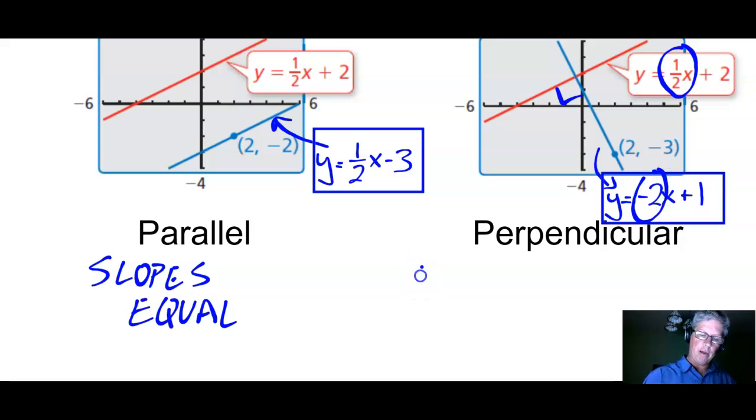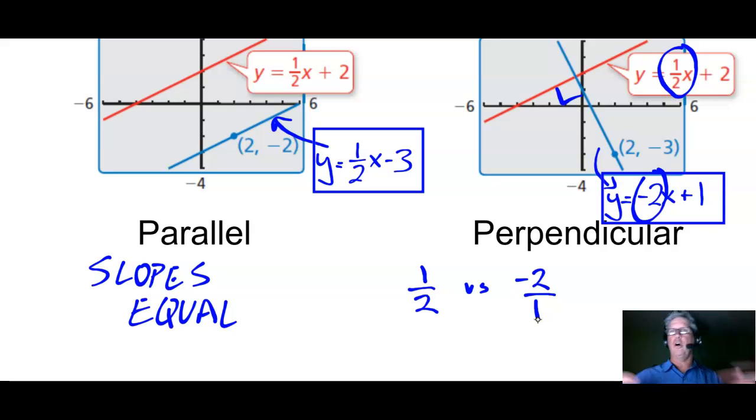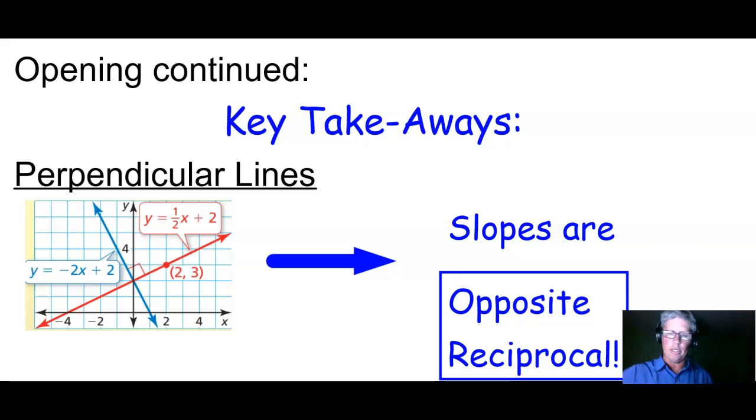So when you compare the slope of 1/2 versus the slope of -2, there's a cool relationship between those two slopes. If I did about 10 more, I think you would say, oh, it's always this. So we're going to jump to that conclusion and say that when we talk about perpendicular slopes, the fancy terminology is opposite reciprocal.